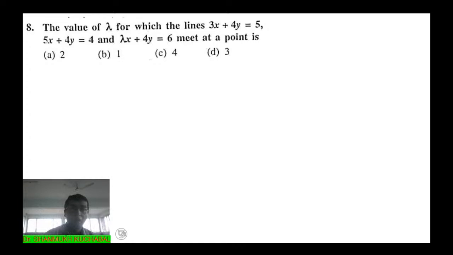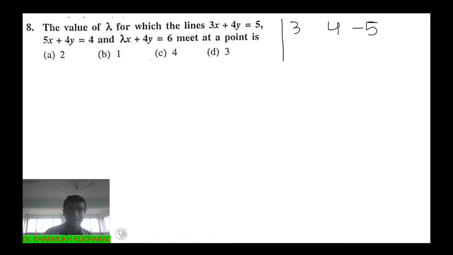The value of lambda for which the lines 3x plus 4y equal to 5, 5x plus 4y equal to 4, and lambda x plus 4y equal to 6 meet at a point is. So here we use determinant notation. Here it is 3, 4. We transpose this equation to LHS, minus 5 equal to 0, so minus 5.